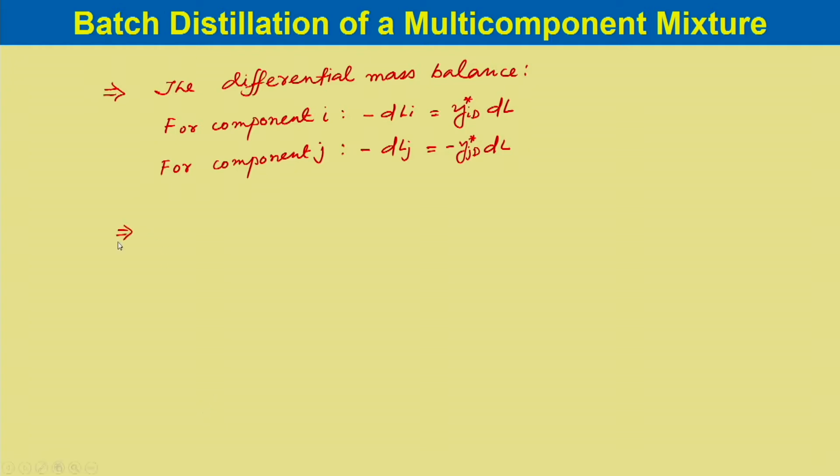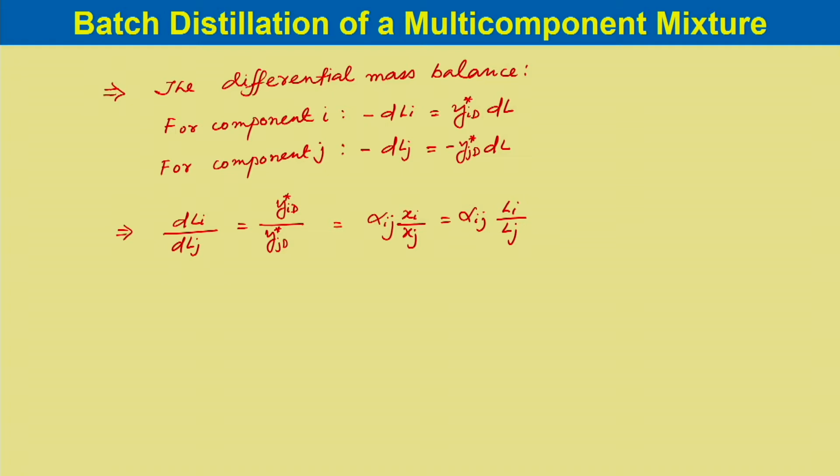Now, from these two equations we can write dLi divided by dLj would be equal to yi d star divided by yj d star, and then we can write this is alpha ij, the relative volatility of component i with respect to j, into xi divided by xj, which is equal to alpha ij into Li by Lj.